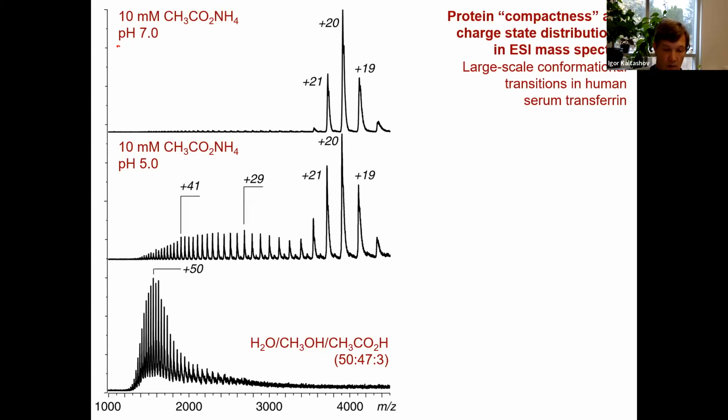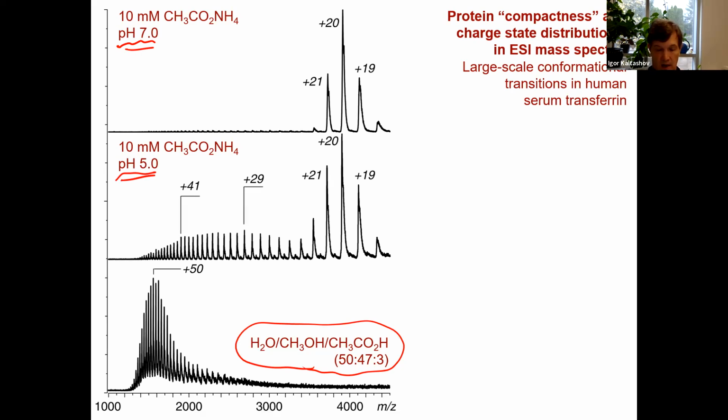The one at the top was acquired at neutral pH. So this is very close to physiological pH. This is mildly acidic pH. And this is obviously a very highly denaturing environment. So I have alcohol there, and I have a significant amount of acetic acid.